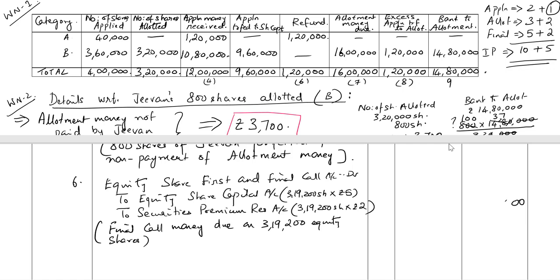So the amount against securities premium reserve is 6,38,400, and the amount against equity share capital is 15,96,000 rupees, and the amount against equity share first and final call is 3,19,200 multiplied by 7 rupees per share, 22,34,400 rupees.